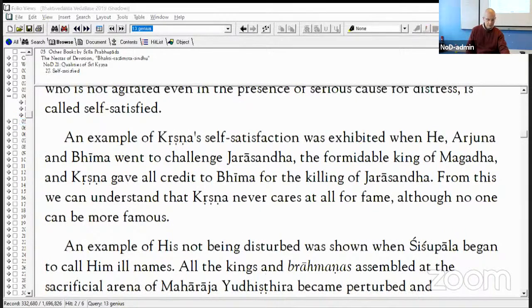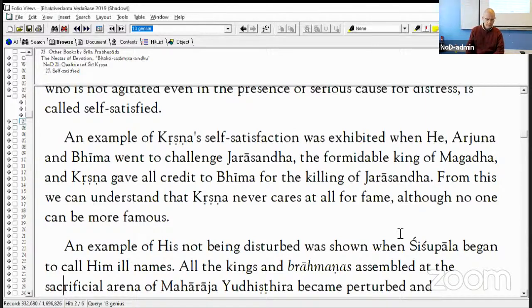So 27, self-satisfied. Dhritiman. Man is just to show that this is a person who possesses this quality of dhriti, like in Bhagavan, dhritiman.